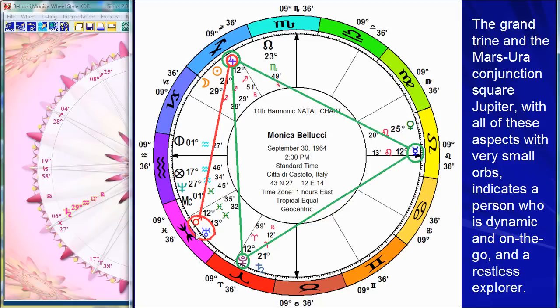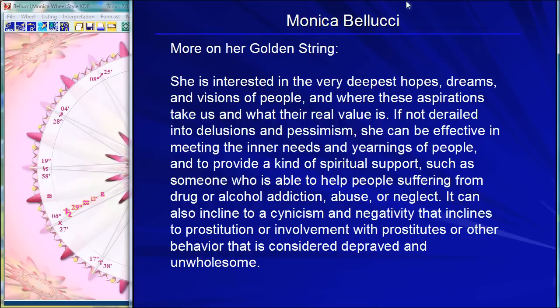And here we see her dynamic, restless activity that brought her out into the commercial world. If she only had the golden string, she wouldn't be out there in that dynamic outer world and the whole commercial world and all the glitter and glamour of it all.